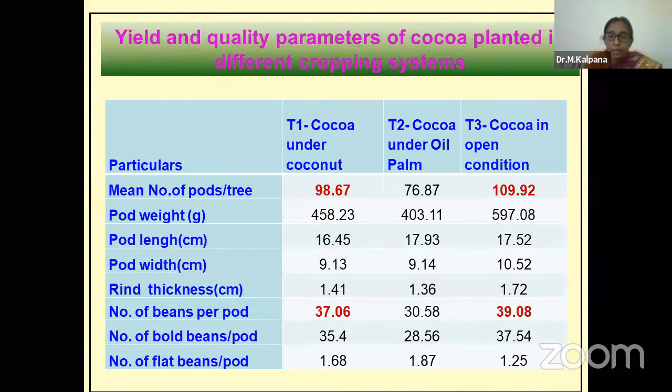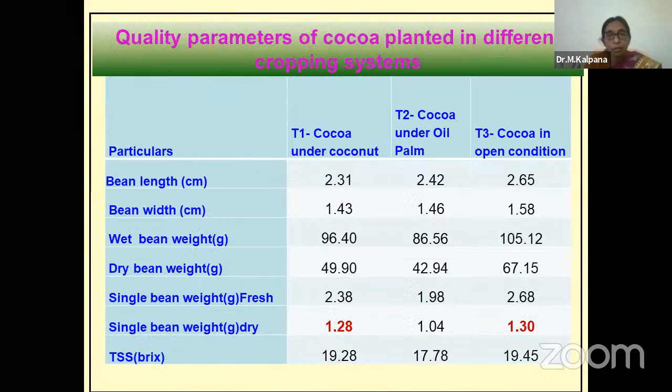But for cocoa grown under oil palm, the yield is less and the quality parameters are also less, because of the shade. The dry bean weight is also on par between cocoa grown in open conditions and under coconut, but the dry bean weight is very low in cocoa under oil palm.